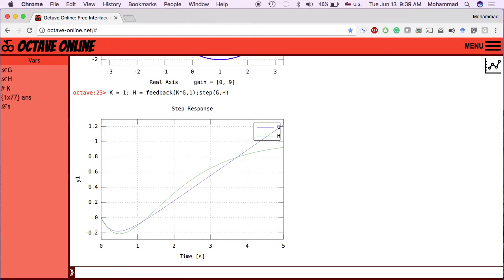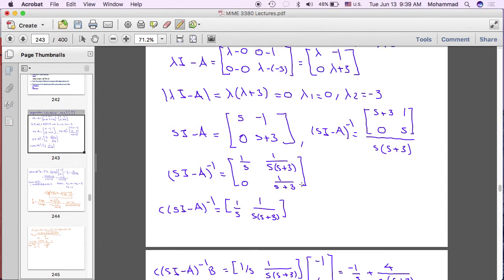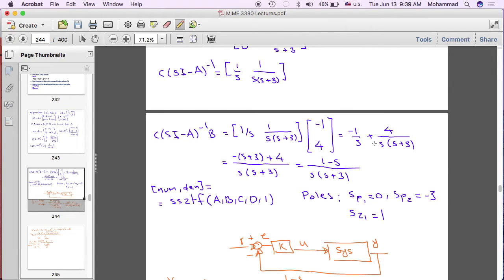Now let's pause for a second and look at our open loop system one more time. Open loop system without any control. Here's the transfer function of the open loop system. The open loop system has a pole at 0 and a pole at -3, and it has a 0 at -1. Now, when a system has a pole at exactly 0, this system is not unstable, but it acts like an integrator.